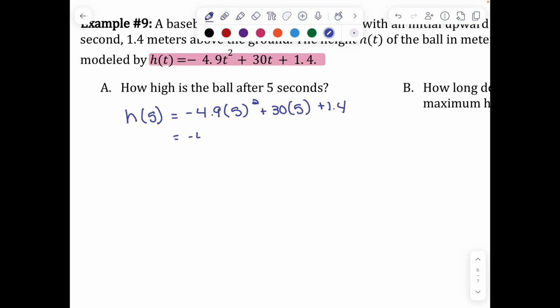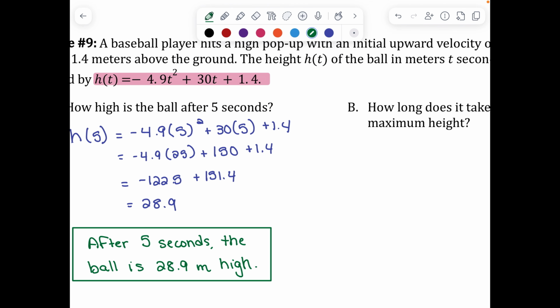So this gives me negative 4.9 times 25 plus 150 plus 1.4. Negative 4.9 times 25 gives me negative 122.5 plus 151.4. So I get 28.9. So what this tells me is that after 5 seconds, the ball is 28.9 meters high.